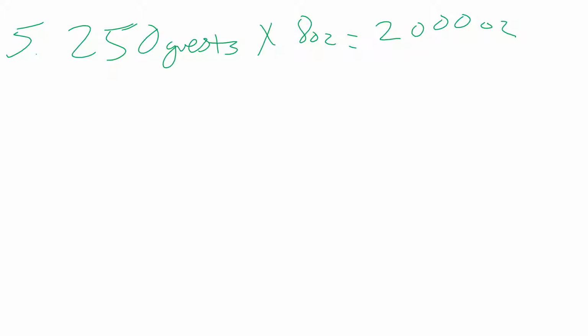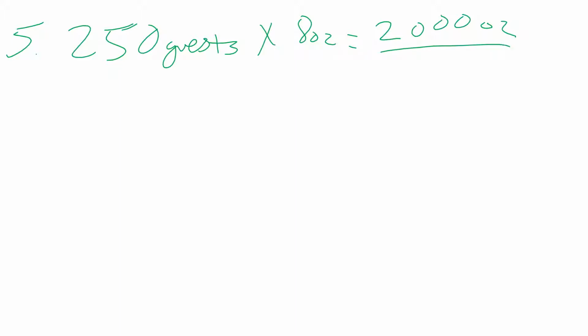I need exactly 2,000 ounces to slice up. Does that mean I get to order 2,000 ounces? No. Do I call Sysco up and say, hey, I need 2,000 ounces of brisket? No. What do I call them and ask them for? Pounds. So how do I get 2,000 ounces into pounds?